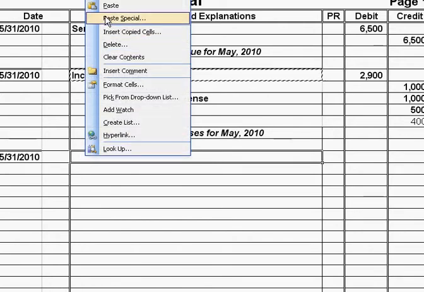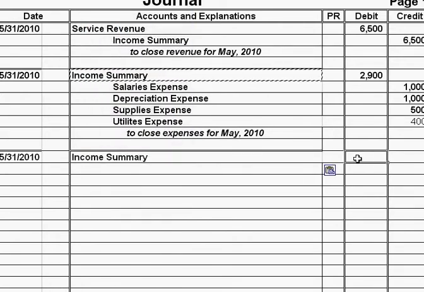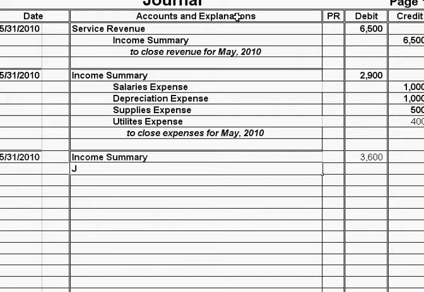So what do I want to do? I want to debit income summary $3,600, and I want to credit Josie Smith Capital in the amount of $3,600.